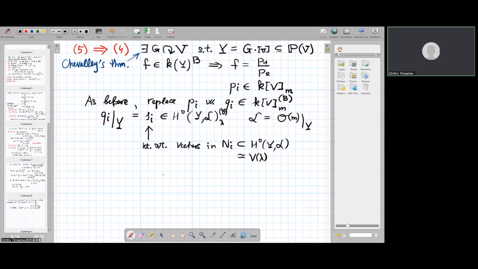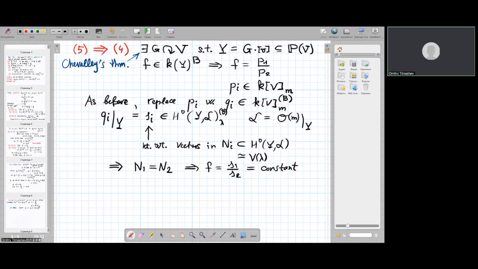And again, since we assume multiplicity-free condition, these two submodules have to coincide, which means that the function f, which is the ratio of the sections S1 and S2, the highest weight vectors in these two submodules, has to be constant, because a highest weight vector in an irreducible G module is unique up to proportionality.